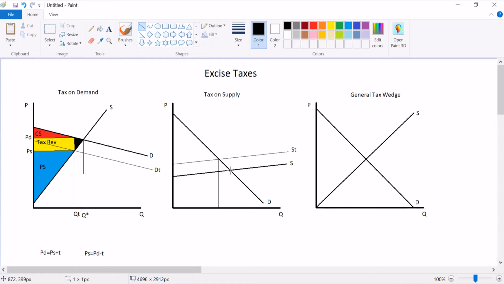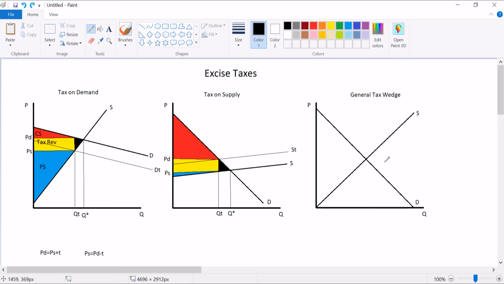The quantity with the tax is less than the quantity in equilibrium. The demanders pay a higher price than sellers receive. And that means that there is a gap between consumer surplus and producer surplus, and that gap is filled in by tax revenue, which is collected by the government, and all of this leaves the inefficiency of a deadweight loss.